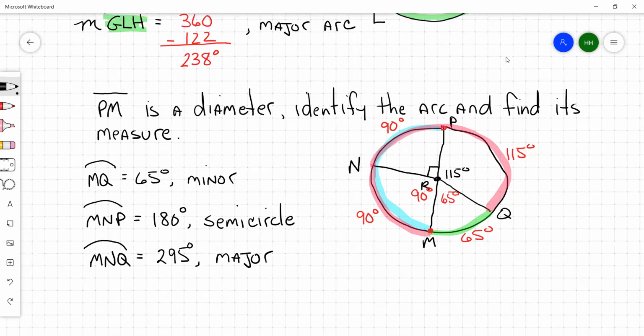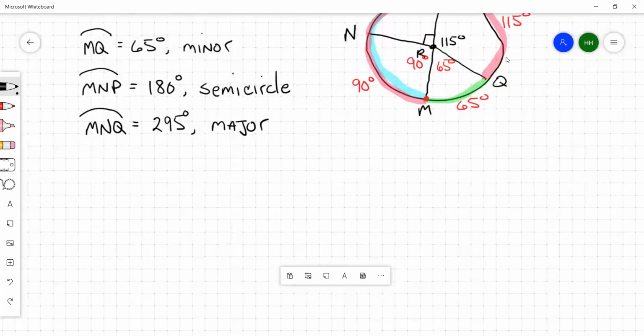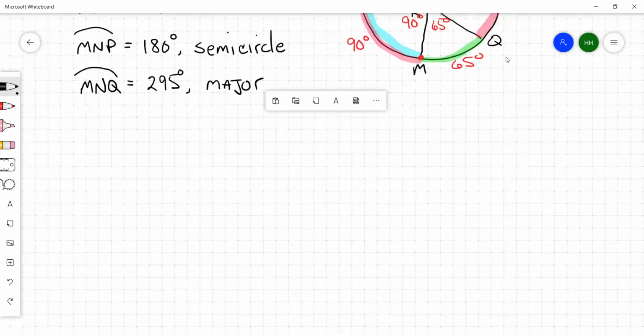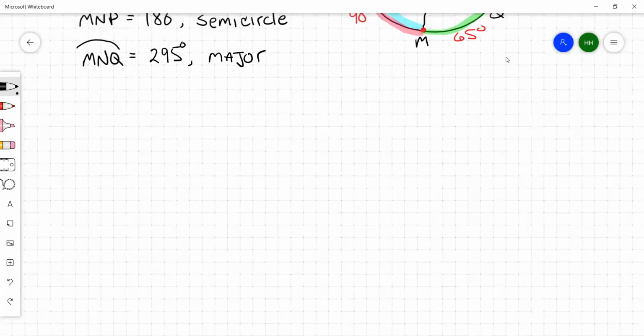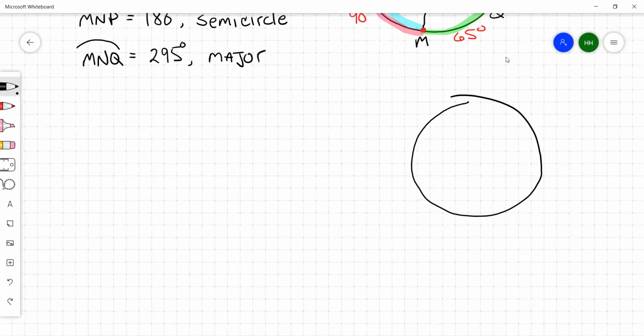Now, let's say that you're given like this pie graph. Pretend those connect.